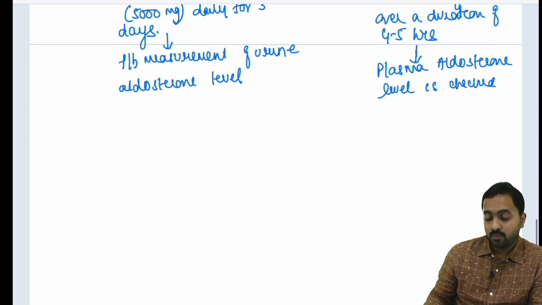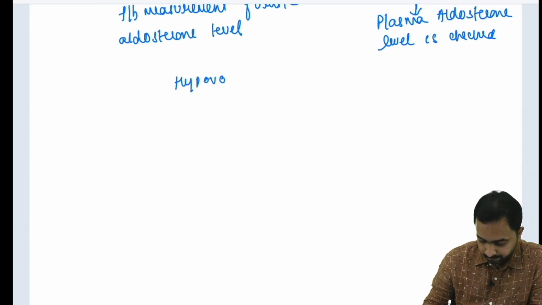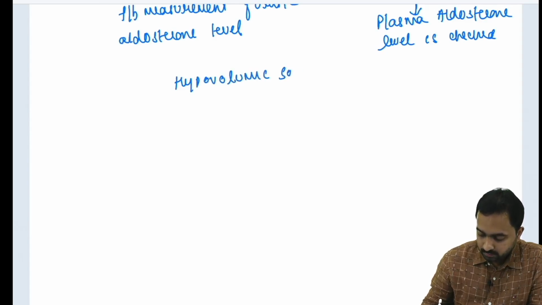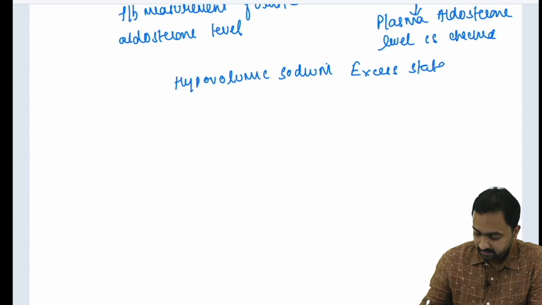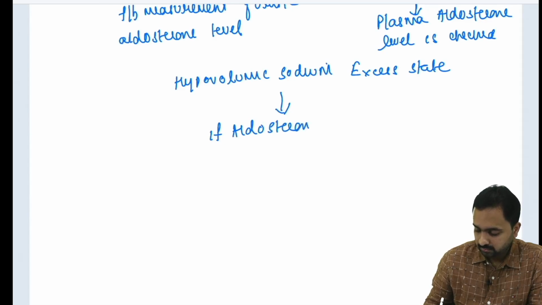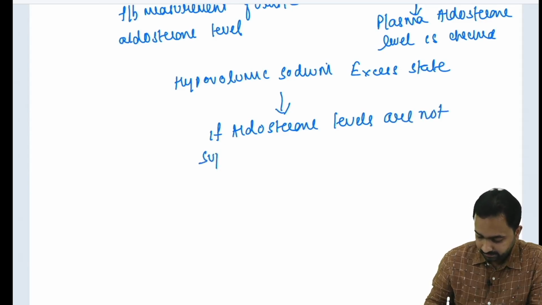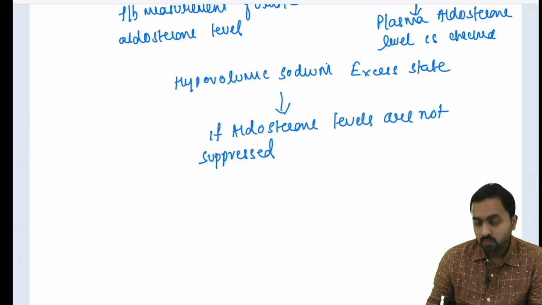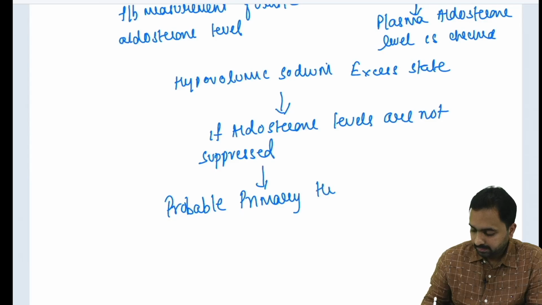The basic idea over here is to create a hypovolemic sodium excess state. So if aldosterone levels are not suppressed, we know that it is a case of probable primary hyperaldosteronism.